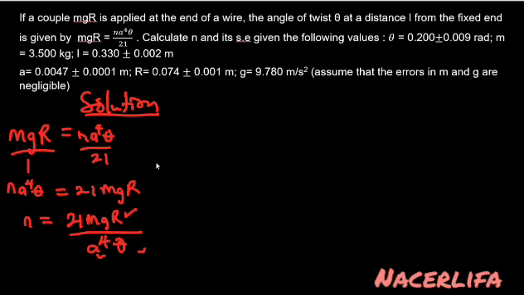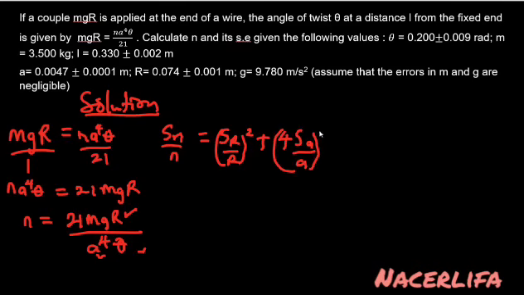So how do we find the standard error in N? Standard error in N upon N equals, the variables here are these: we have standard error in R upon R, we square it, plus, this is to the power of 4, we have 4 times standard error in A upon A, we square it, plus standard error in theta upon theta, we square it, and we find the square root.